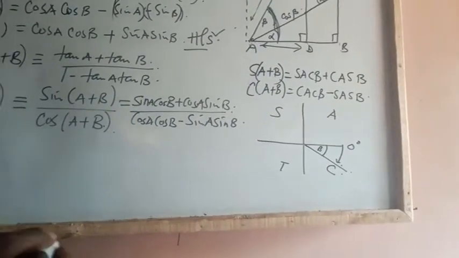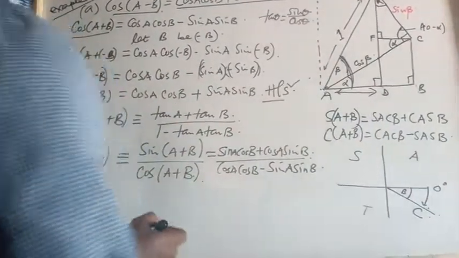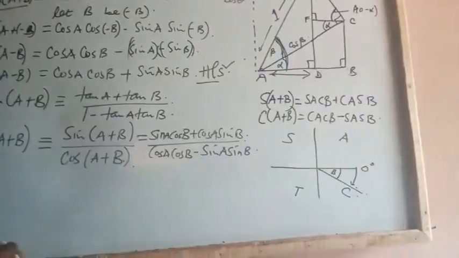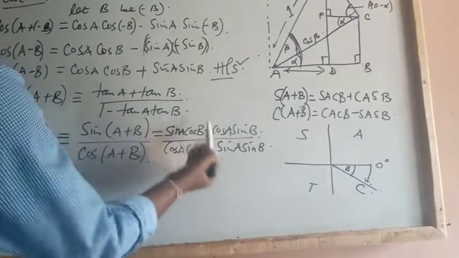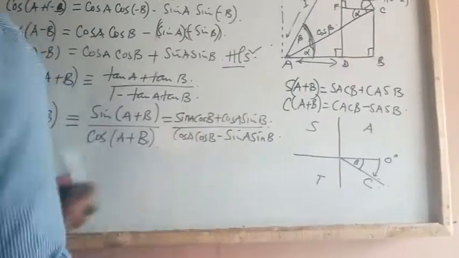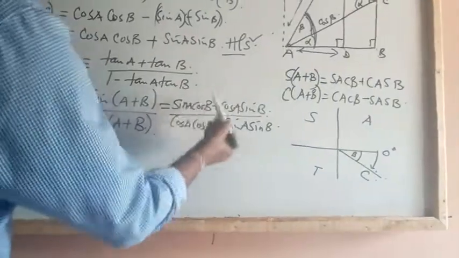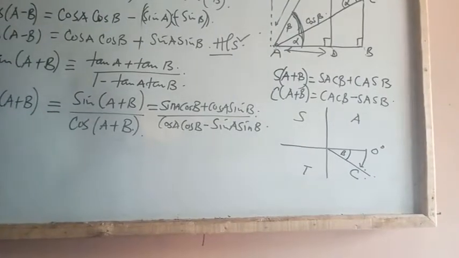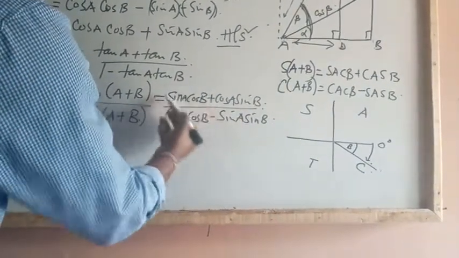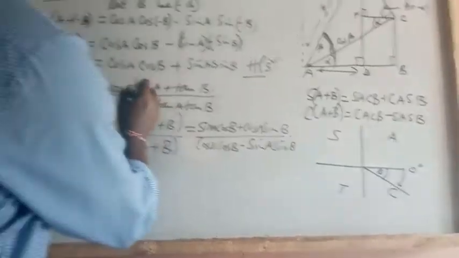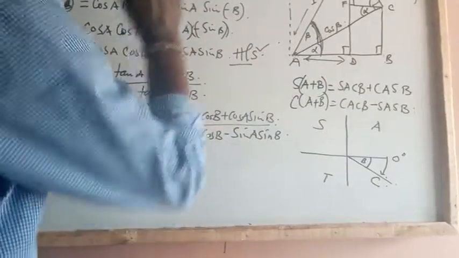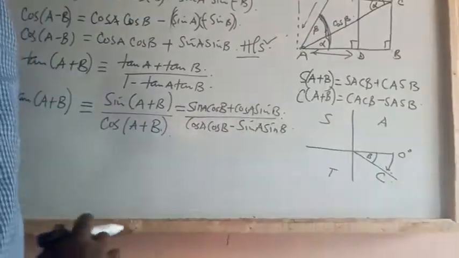We are supposed to express this in terms of tan A plus tan B. So at the numerator, we must be left with tan A plus tan B. How do we make this tan A? We must be prepared to divide the whole of this by cos A cos B, doing the same in the numerator as well as the denominator.